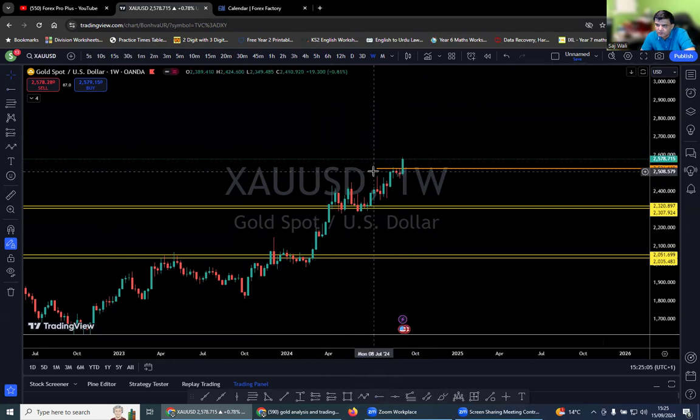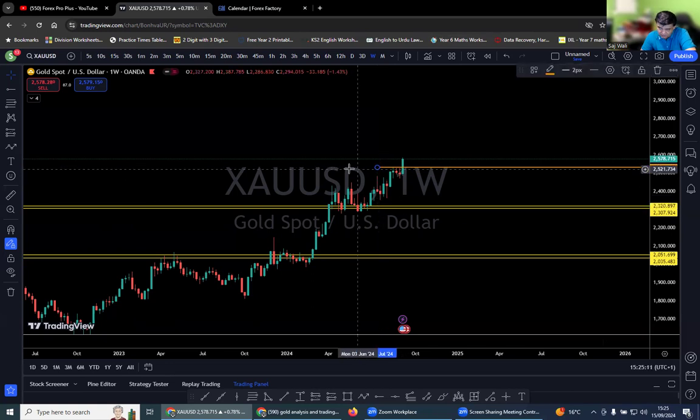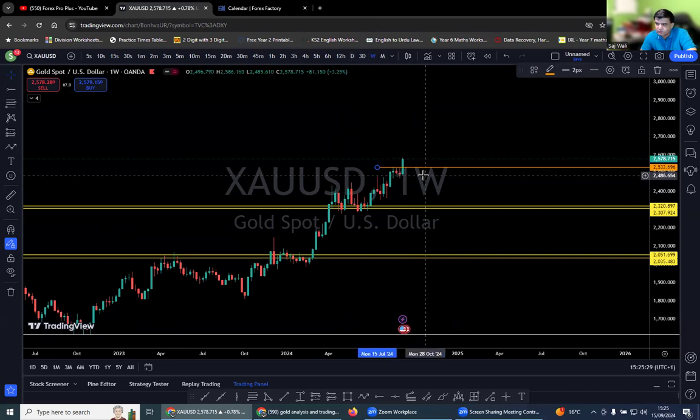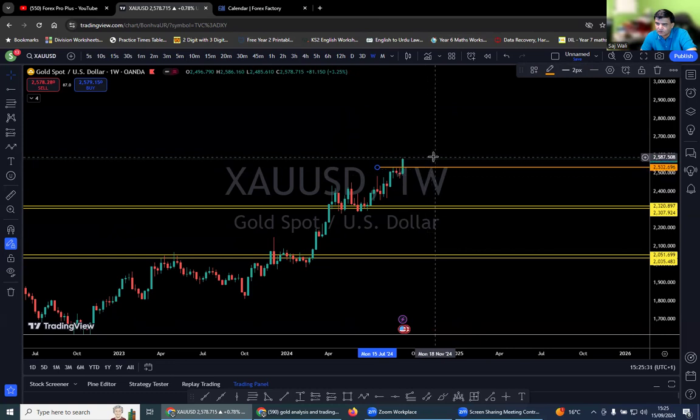If I move this to the upside to align with this candle, it's 2532, so around 2530. Because this candle is a very big candle, hopefully it may come down to test this and then come back up.